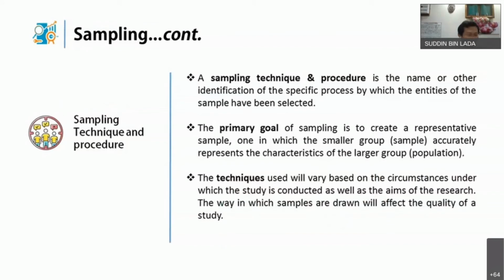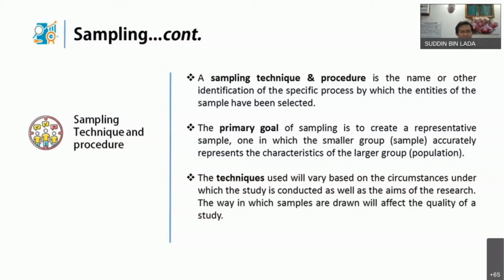On the sampling technique, this is very critical. And for your information, for today's sharing session, this is just a surface, hanyalah pendedahan umum, a broad identification. We will discuss just broadly, but definitely from my experience, this is very technical, especially on sampling, identifying the technique and procedure you need to employ in your study.